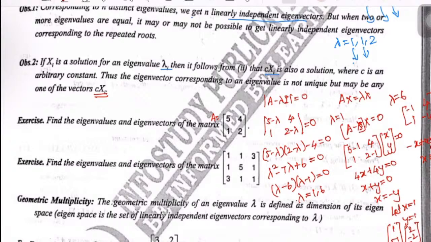X equal to 4y, so if we put x as 1, y is 4. If we put x as 2, the value of y is 8. So let us take (1, 1) and (1, 4). (1, 1) and (1, 4) are the eigenvectors corresponding to the eigenvalues lambda equal to 1 and lambda equal to 6. These are also eigenvectors, but they are not unique. Eigenvectors corresponding to an eigenvalue are not unique. So find the eigenvalues and eigenvectors of this matrix. Take this as an exercise.